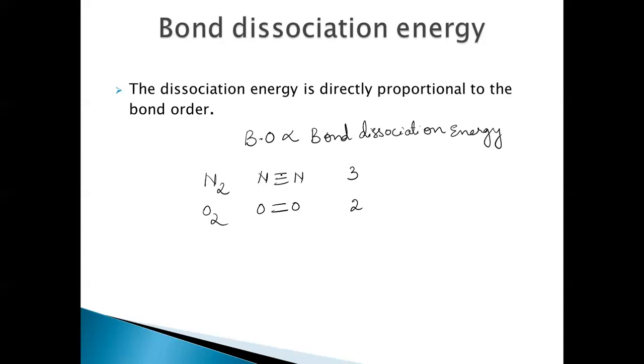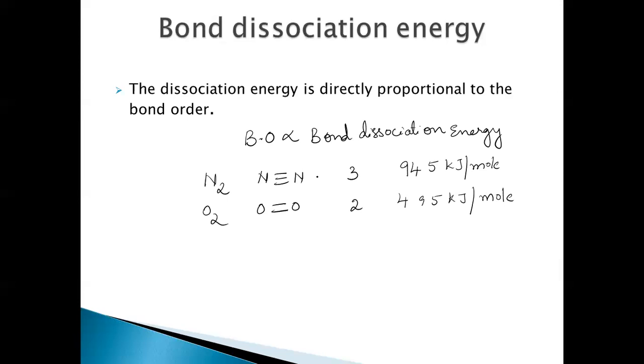Logically also, the amount of energy required to break 3 bonds will be more than the energy required to break 2 bonds, right? So the bond dissociation energy for N2 is 945 kilojoules per mole, and for oxygen it is 495. See how vast the difference is, right? So bond order is directly proportional to the bond dissociation energy.